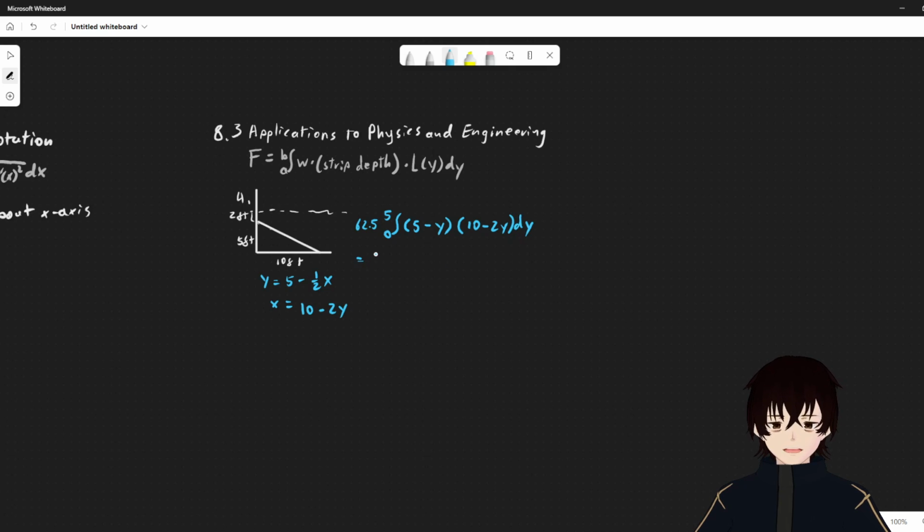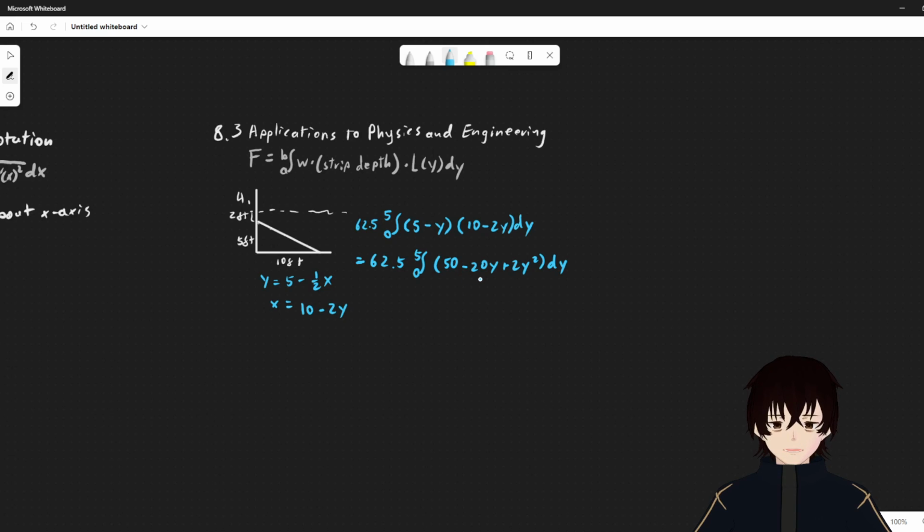So we solve this, that is equal to 62.5 times, oh, there goes the bot again, the integral from 0 to 5 of 50 minus, hang on, minus 10 minus 20y plus 2y squared dy, right?